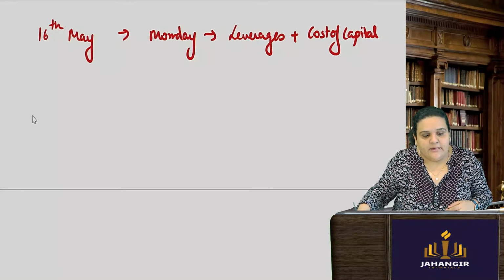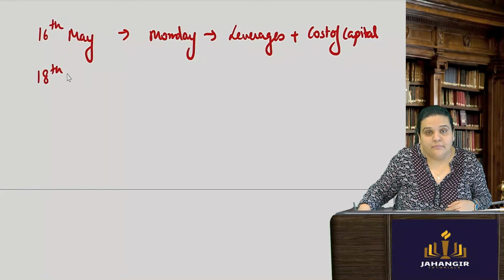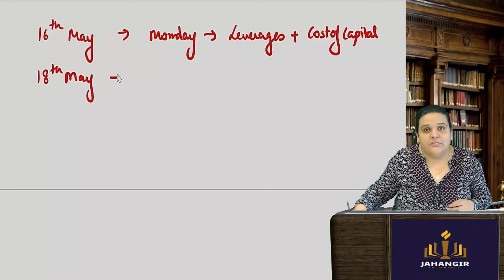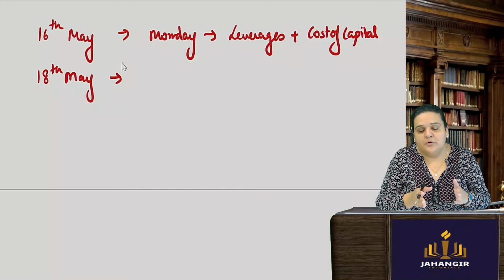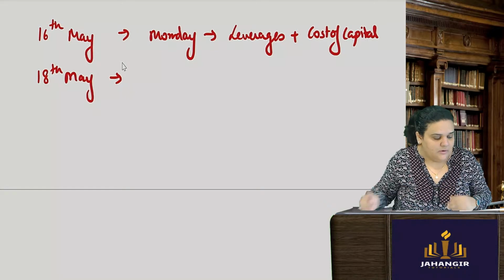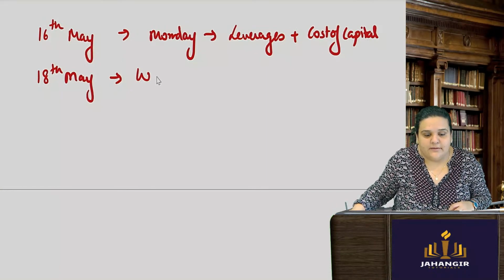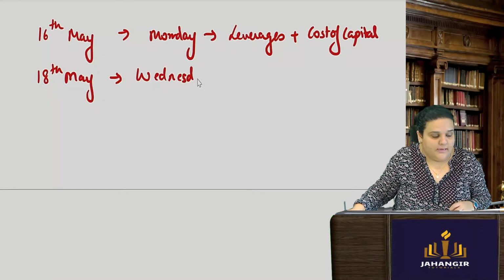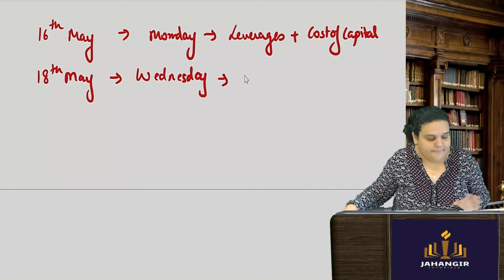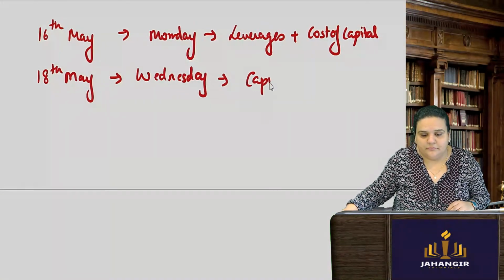Okay, then on 18th of May, you can jot this down and then make your schedule and your timetable. You can adjust it accordingly. On Wednesday, I'm planning to come up with capital structure along with dividend policy.